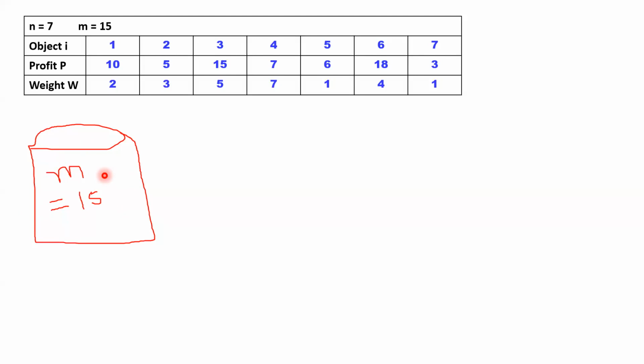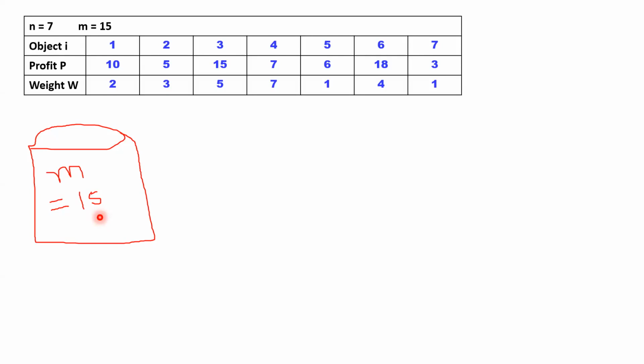Now, what is the problem here? Problem is filling the knapsack bag. What is the constraint here? Constraint here is the knapsack bag can take up only 15 kilos of objects. That's the constraint. Now, what is the objective function?